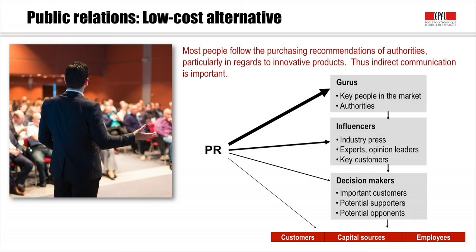So that's exactly what I want to stress here. Try to get the gurus and influencers to talk about your company, and then these guys will relay the message in addition to your own efforts. But also think about what these guys would take away from doing that. Maybe they only want to have an interesting story. Maybe they want to have other types of benefits that are related to that.